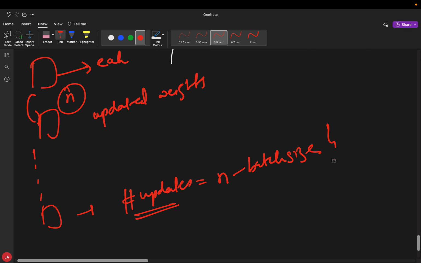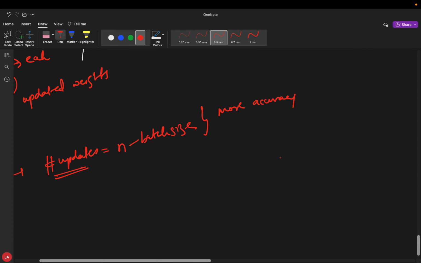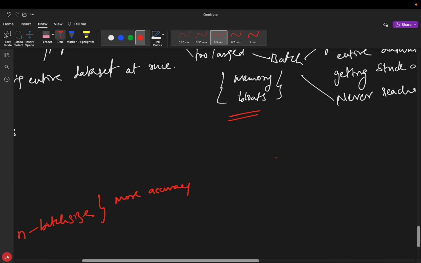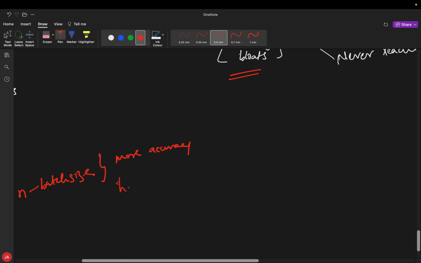So this is widely used in industry because it has more accuracy, and the chances of getting to the global minima are higher.